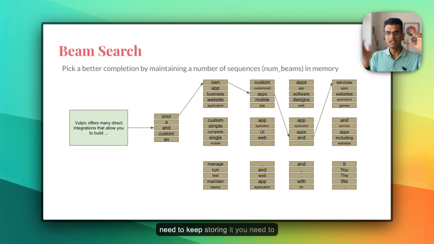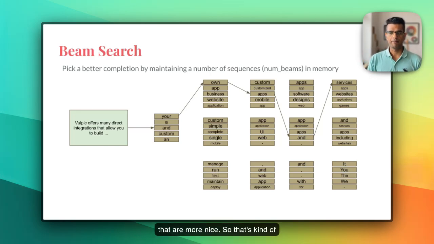So you need to keep storing it, you need to keep accumulating the overall probability, and at each time step compare it, and so on. So there is an additional computation that is required as compared to the previous one where you just pick the highest probability. But these are different strategies that the LLM providers follow in order to generate text completions that are more desirable, that are more nice, right?